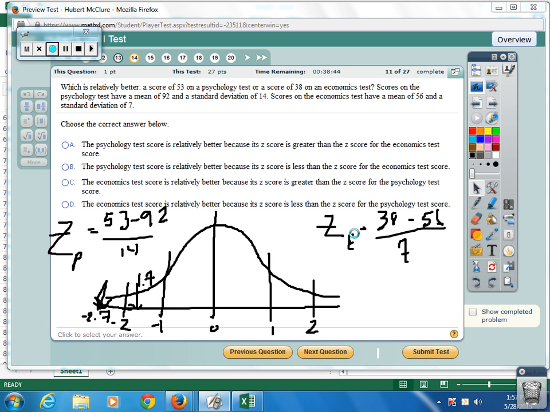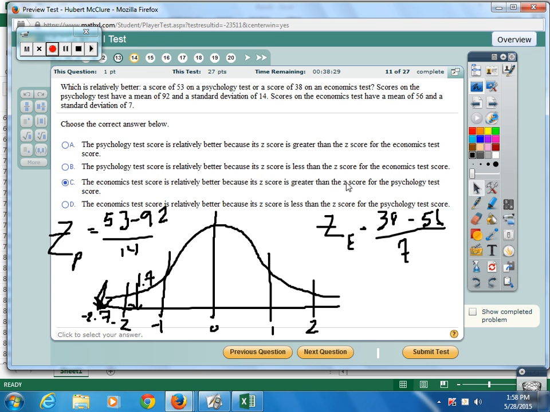So you have to go with the economics, because the z-score for the economics test score is greater. It's right here and the psychology test is down here.